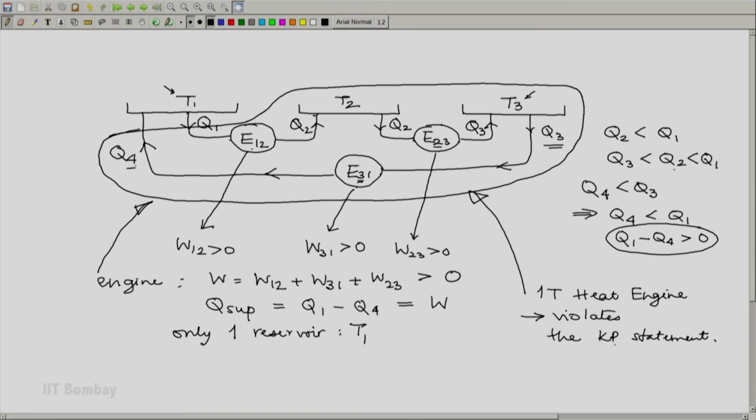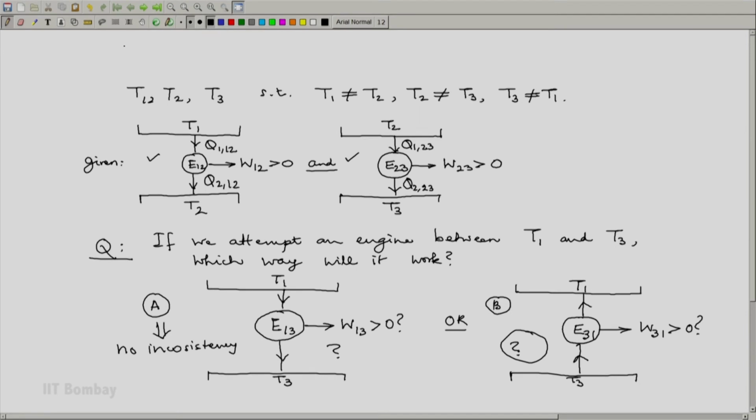And that means that, going back to our earlier work, this is not possible, because if we assume that this is true, the existence of such an E31 will violate the second law of thermodynamics as mentioned by the Kelvin-Planck statement. So what does this finally mean?